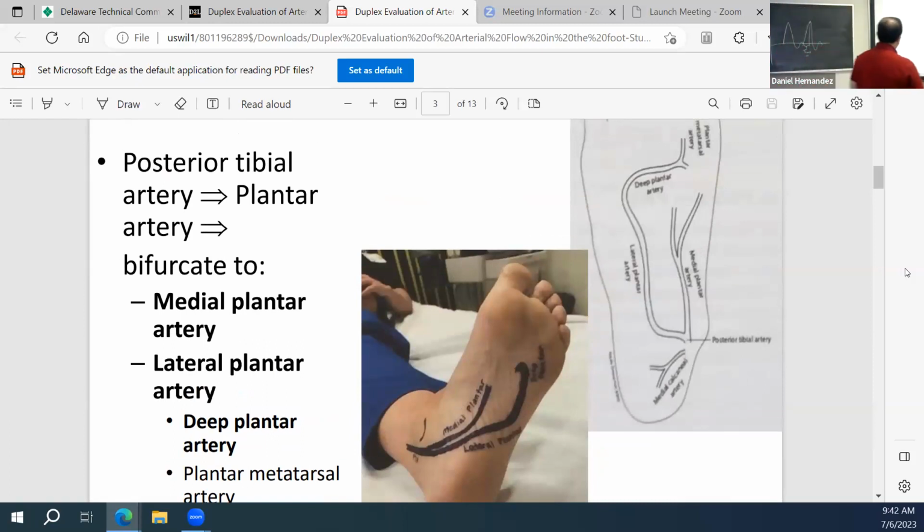And then that lateral plantar artery then continues on and becomes the deep plantar artery. So at that point, it kind of dives deeper towards the dorsum of the foot or the top of the foot. And then we have the plantar metatarsal artery as another branch of that.